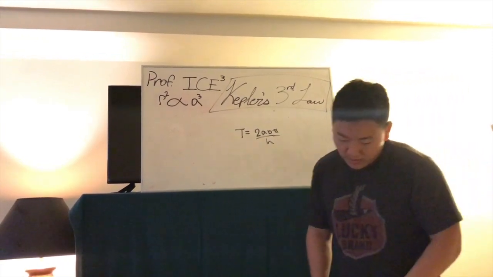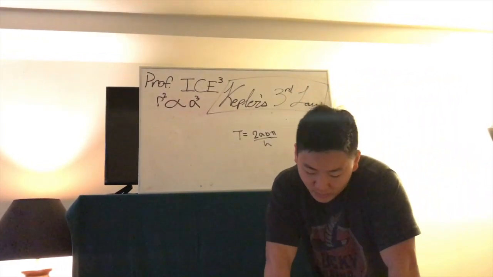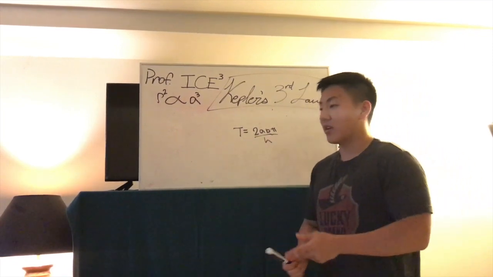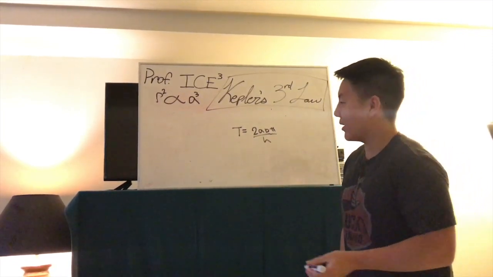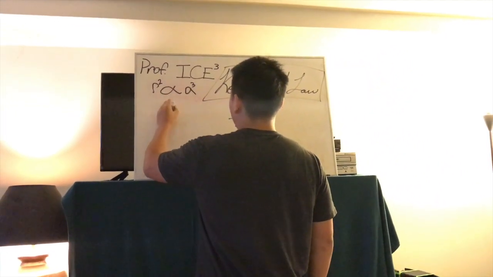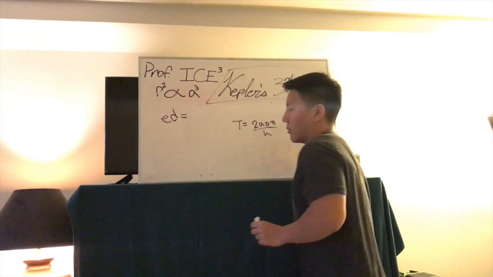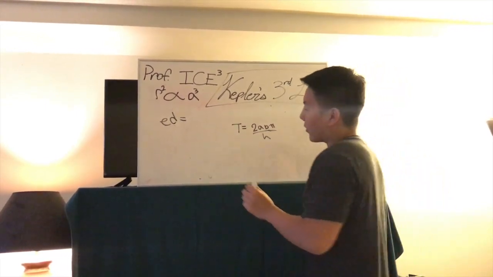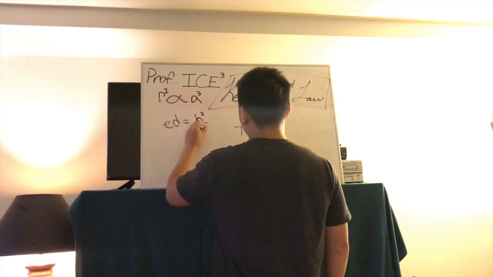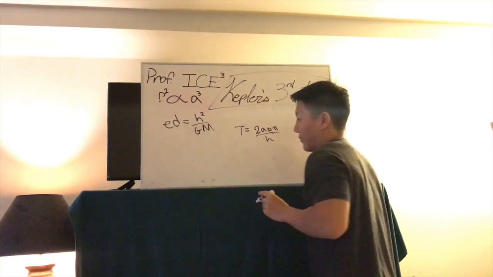Alright, so now, another formula that we already know. That's a given: ed is equal to h squared over GM. There's another proof for this, but that's for another time.